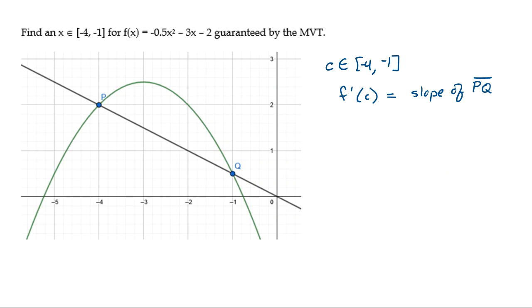So we just need to find these things. Can we find the slope of line PQ? Well, I think we can. We've got the point P, which is at (-4, 2), and the point Q, which is at (-1, 0.5), it looks like. And we could plug in -1 up here and make sure that's correct.